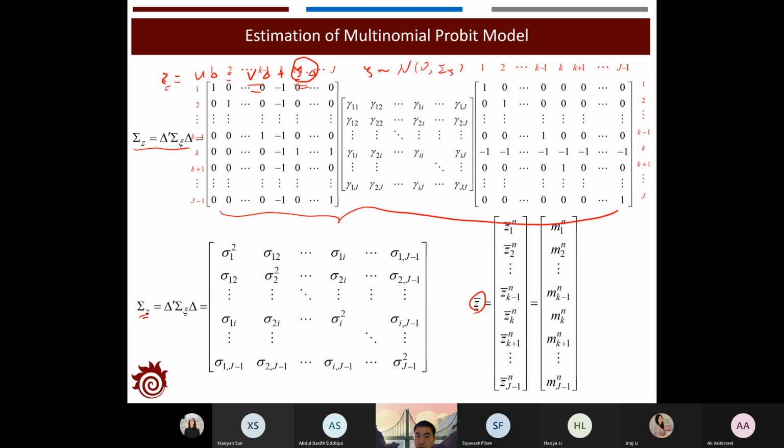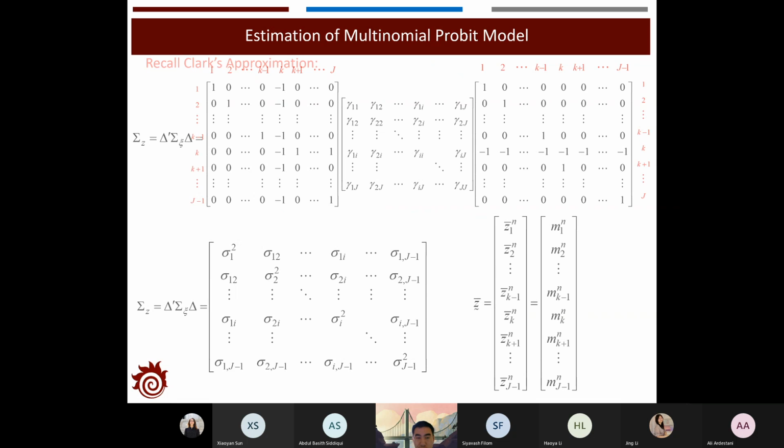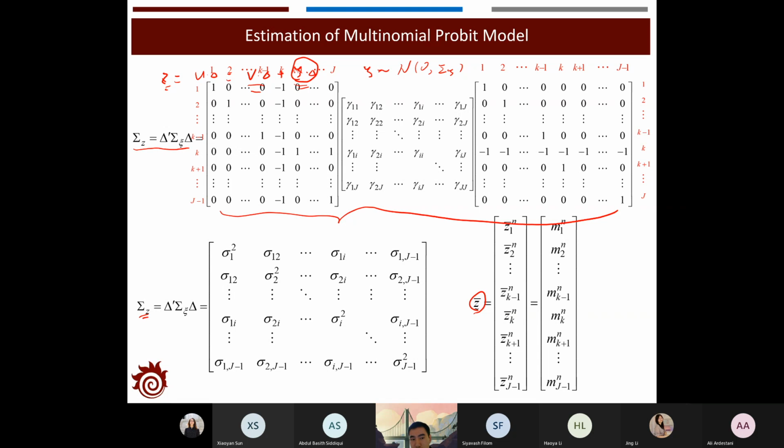So what we get for the Z with the mean of Z1 prime, Z2 prime, is only determined by the deterministic term. And now we know the mean of Z, and we already know the standard deviation of Z.